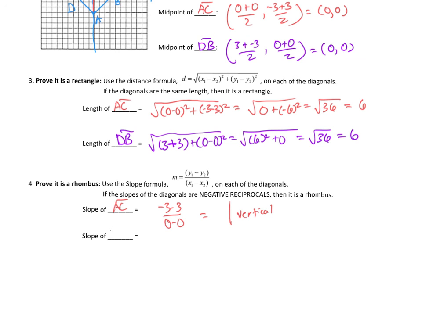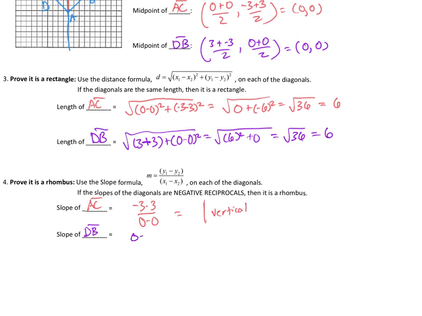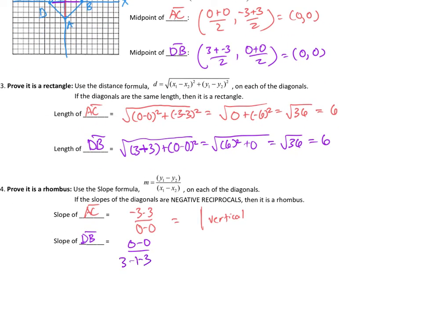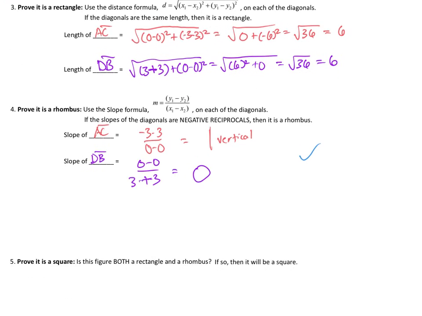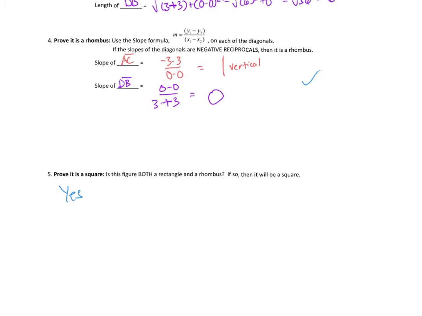Our slope of DB: DB is 0 minus 0, and 3 minus negative 3. Well, that's 0 divided by 6, which is 0. So these are perpendicular to each other, and it is a square. So to prove that it's a square, is this figure both a rectangle and a rhombus? Yes, it is both a rectangle and a rhombus, so it is a square.